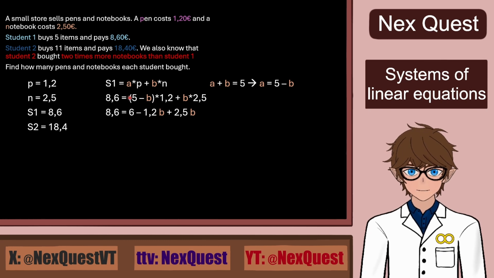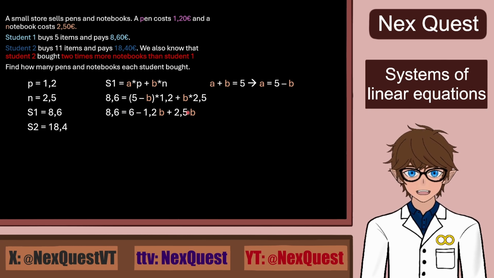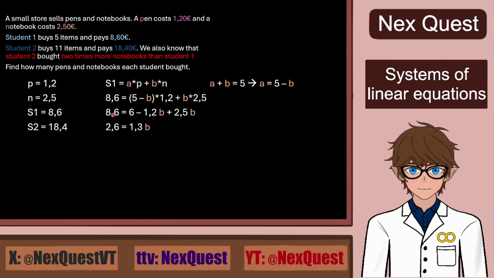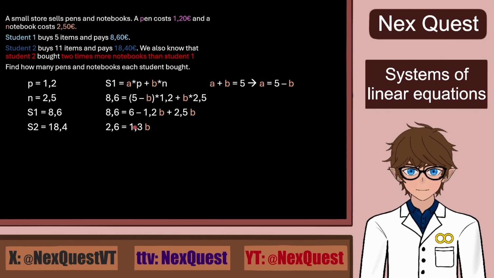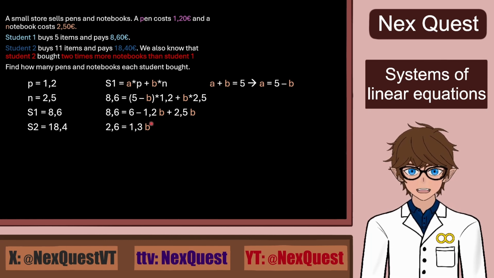Now we multiply each of the terms with the 1.2, and we get 6 minus 1.2b plus 2.5b. We move 6 to the left, we get 2.6, and on the right we add minus 1.2b to 2.5b, which is 1.3b. We divide by 1.3 on both sides, and we get b is 2.